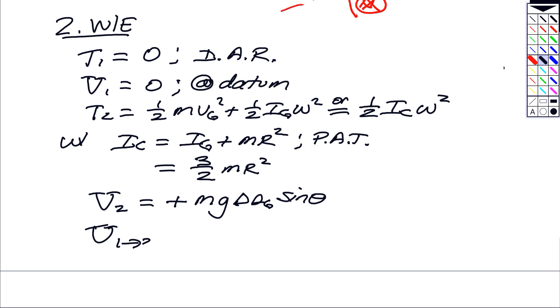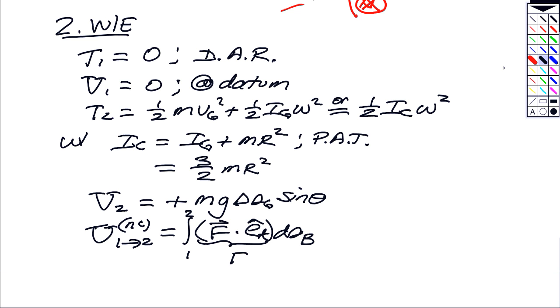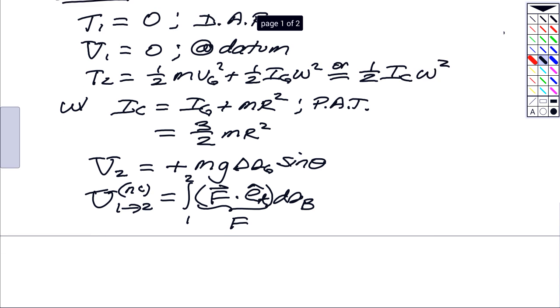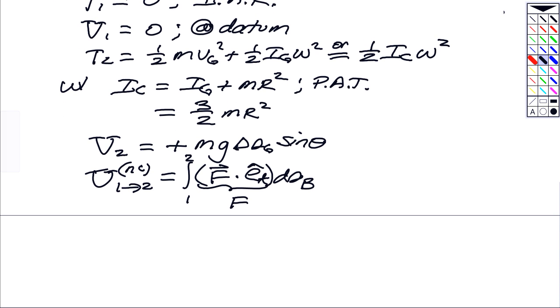done by that force F, by definition, is we take the force as a vector, we project it onto e_t, and we integrate it over the path of the point of application, which is B. Well, since F is aligned with the direction of motion for B, and since F is a constant, we can move that on the outside.